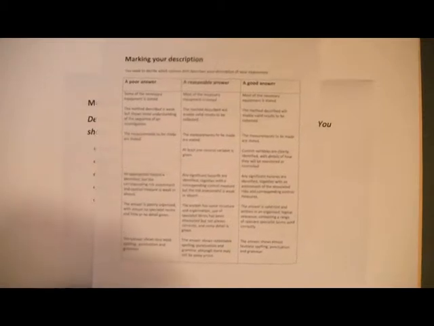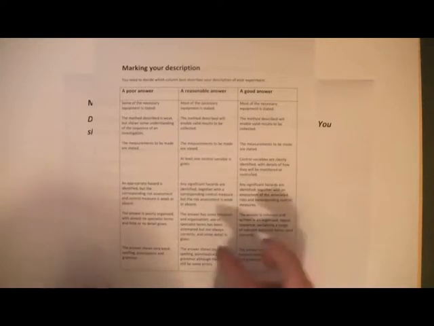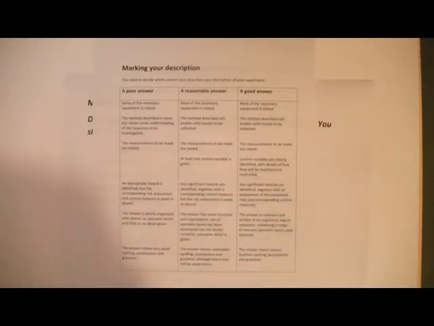Particularly, a risk assessment here should be set out in a table like this, and on the back you've got the marking guidance that we get for this question, where your answer is put into one of these 3 classes depending upon which of these descriptions is the closest match to your answer.